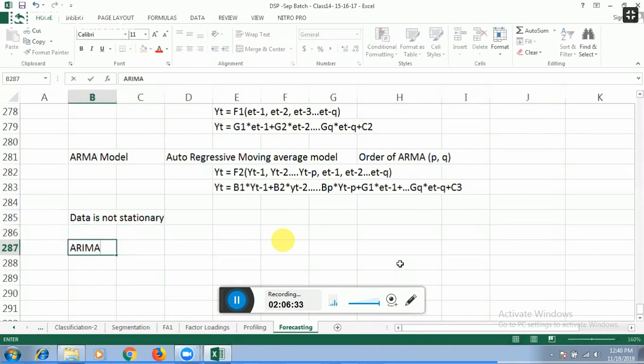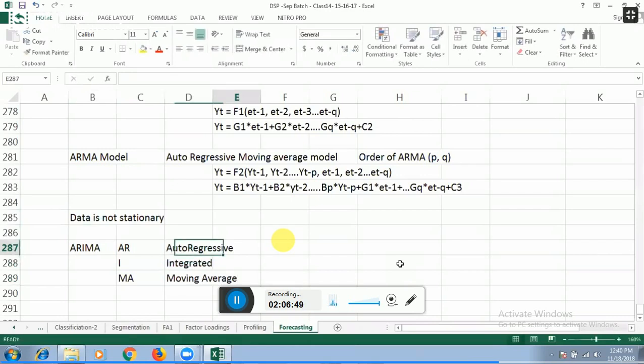What is that? AR and I and MA. So as you know, autoregressive and moving average, and the third one is integrated. So autoregressive means p terms and moving average means q errors.